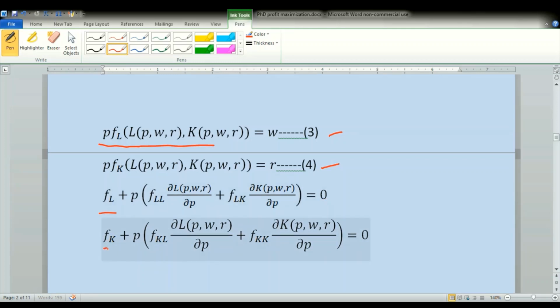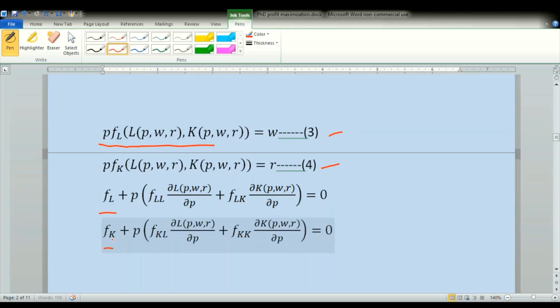Similarly is true about this one. See that first I take the derivative with respect to p, writing down FK as it is, and then plus I write down p as it is and take the derivative of FK using the chain rule.